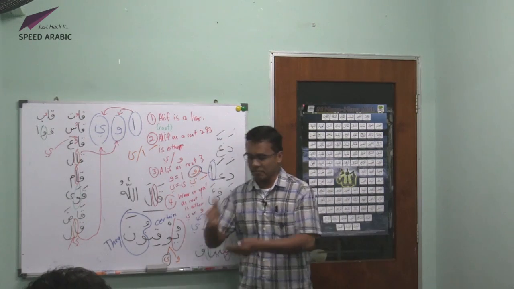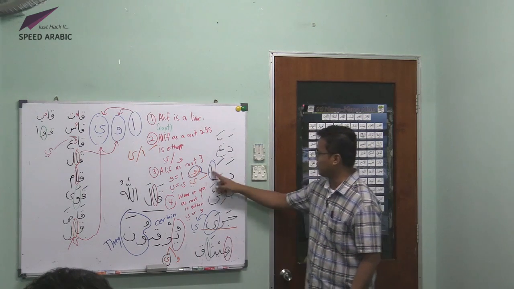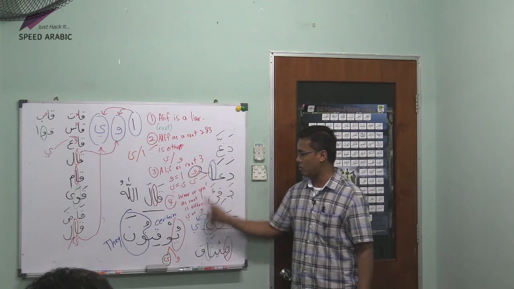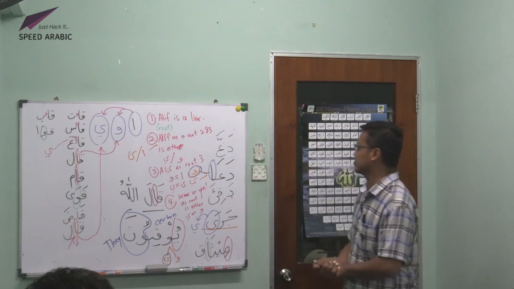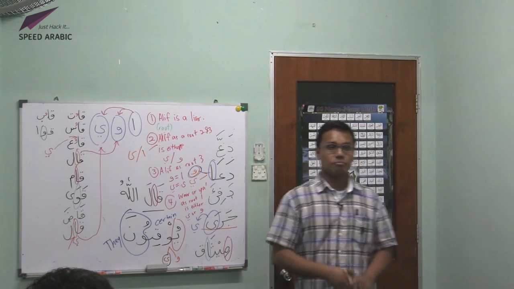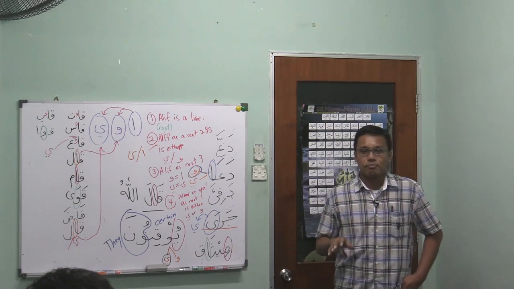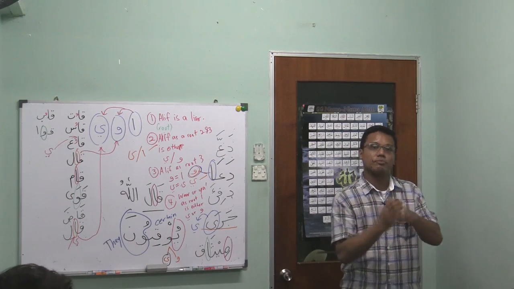Whenever you see an alif as a second root, it's a waw or ya. When you see an alif as the third root, it's either waw or ya. Any other questions? No? Alright. If there are no questions, we take a break for 5 minutes and then after that we will start hacking.